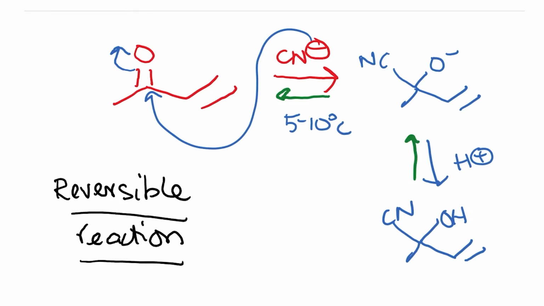So as and when you add cyanide, you're going to form this product, and then you work up the reaction and you will be getting this as the product. And now when you dissolve this in an organic solvent, it is possible that you will get some of the starting material back and cyanide back.